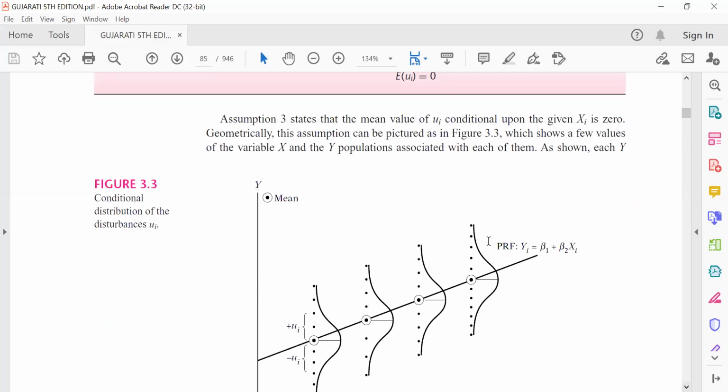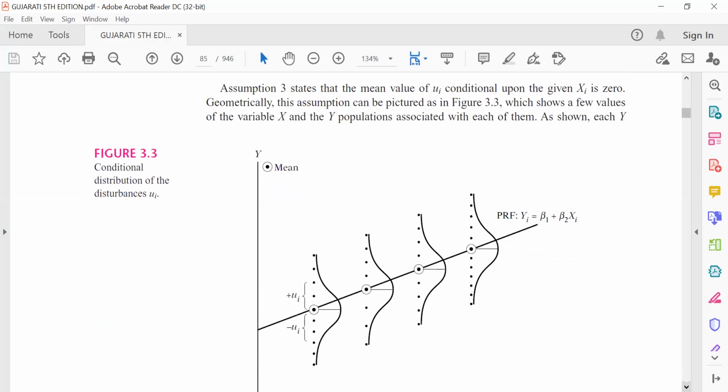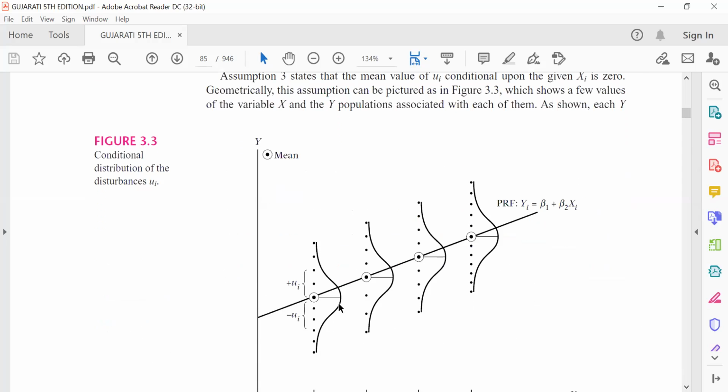This is the distribution of residuals. Here we see this is zero. We have negative and positive. Here it is negative because of the difference between the actual value and the predicted value: the predicted value is greater than the actual value, so the residual is negative.